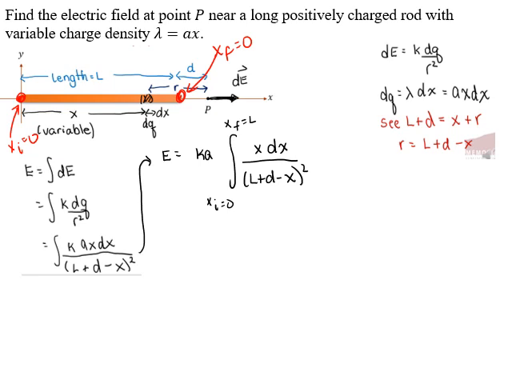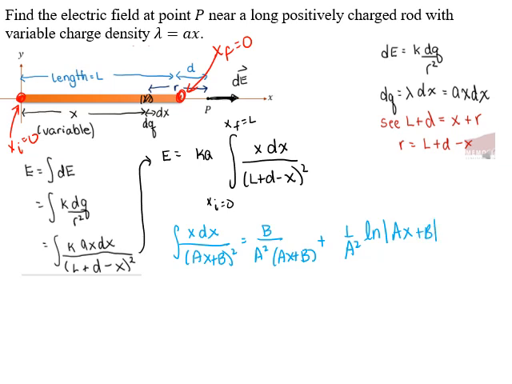For the form of our integral, we can look up a result in a textbook, and from a book I can see that the integral of x dx divided by (a x plus b) all squared is equal to b divided by a squared times (a x plus b), plus 1 over a squared times the natural log of (a x plus b).